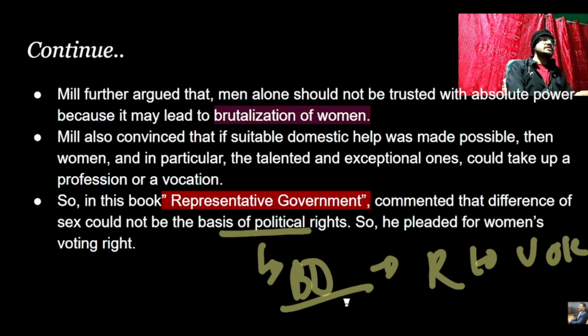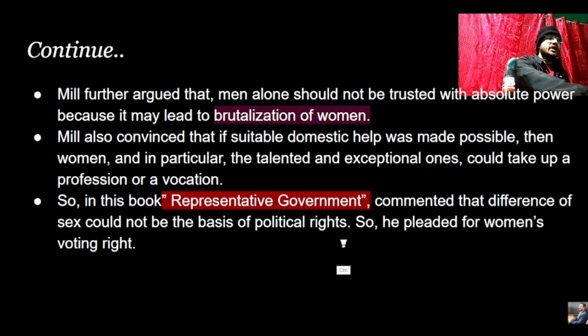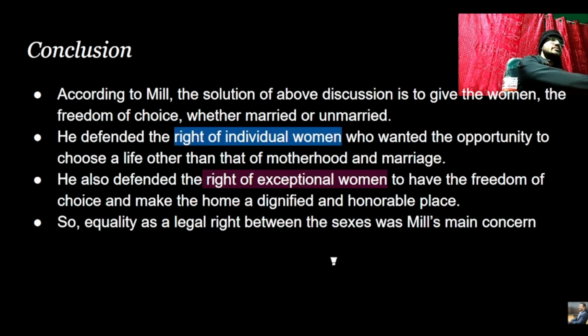Just the difference of sex could not be the basis of political right, that is the right to vote and all other political rights that are given to men. So he pleaded for women's voting right. This is how he advocates various political rights for women, that mere biological difference cannot be the basis for excluding women from political rights.